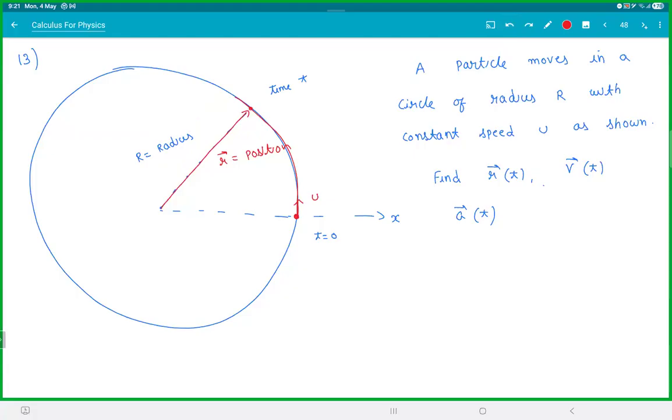This is the third time you're actually seeing this. First time, if you remember, we did this in the Cartesian and the polar coordinates. Second time, we saw this in the position vector.